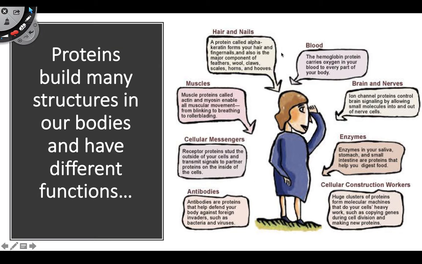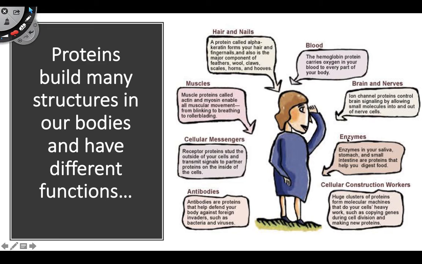We have proteins in your blood, for example. Hemoglobin is found in your red blood cells, and it helps transport oxygen in your blood. We have proteins in your brain and nerves acting as ion channels that control brain signals.